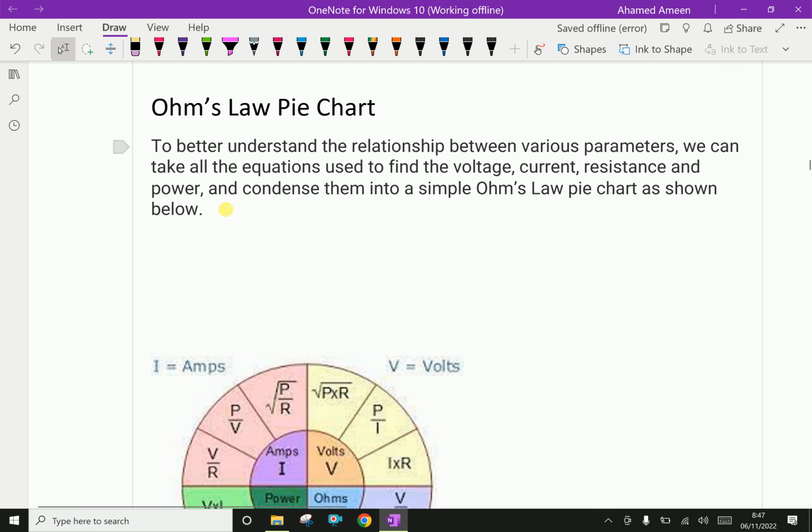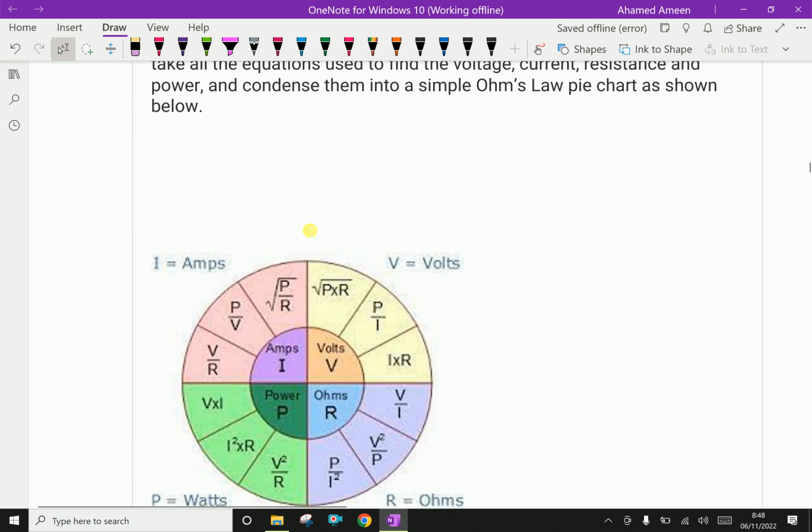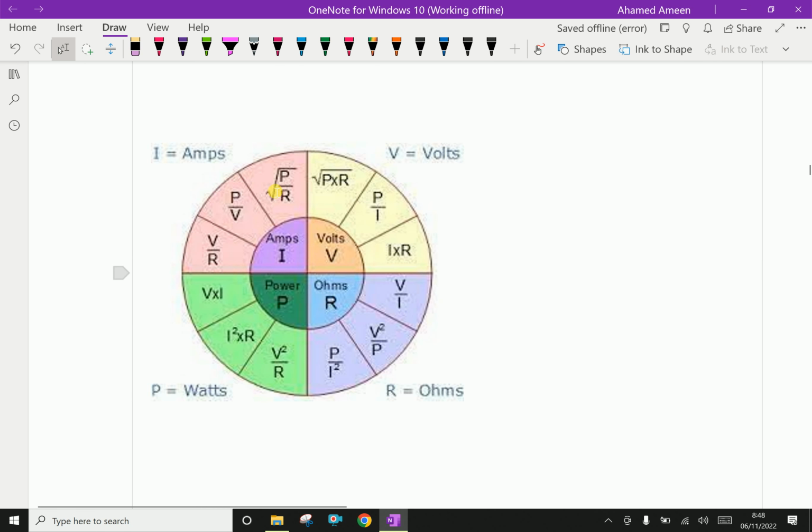Ohm's law pie chart. To better understand the relationship between various parameters, we can take all the equations used to find the voltage, current, resistance and power, and condense them into a simple Ohm's law pie chart as shown in the figure. It's a very useful pie chart. Suppose we want P, we can use VI or I squared R or V squared over R. Suppose you want resistance, it is P over I squared.